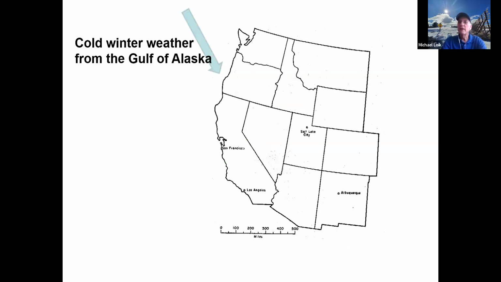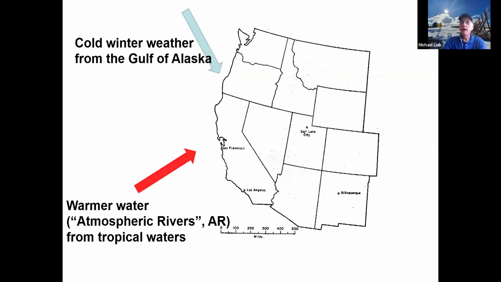So some of this is related to larger scale factors that bring rain, snow, and fog to California, such as the patterns of the jet stream in the winter that bring cold winter type weather from the Gulf of Alaska.